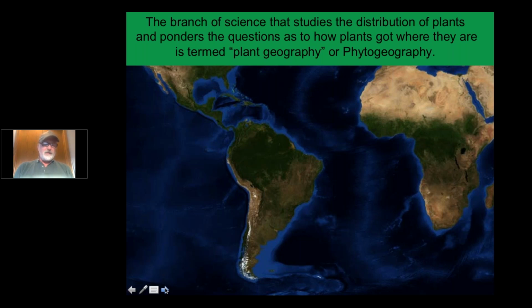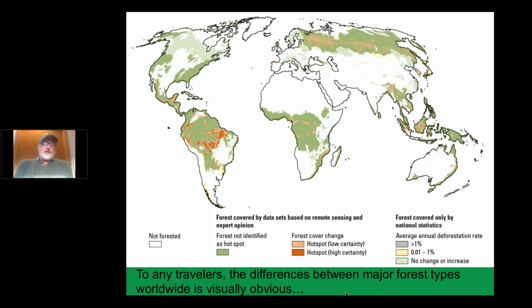Thinking about forest types, to most travelers, you walk around, even from place to place within your region, but especially worldwide, you'll notice differences between the forests in East Africa, for example, and what you might see in Western Europe, South America, the Pacific Northwest, Alaska, Australia, Bangladesh.